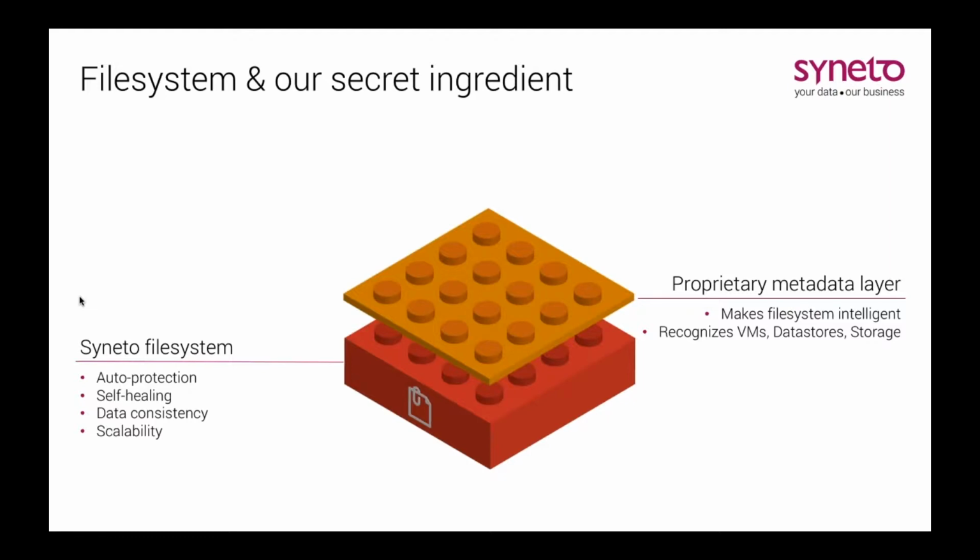What I mean by that is the metadata layer makes the file system aware of the type of object the data is coming from. So it is aware if the data belongs to a virtual machine, a data store, a NAS share, a SAN protocol, and most importantly, if it is a disaster recovery object.